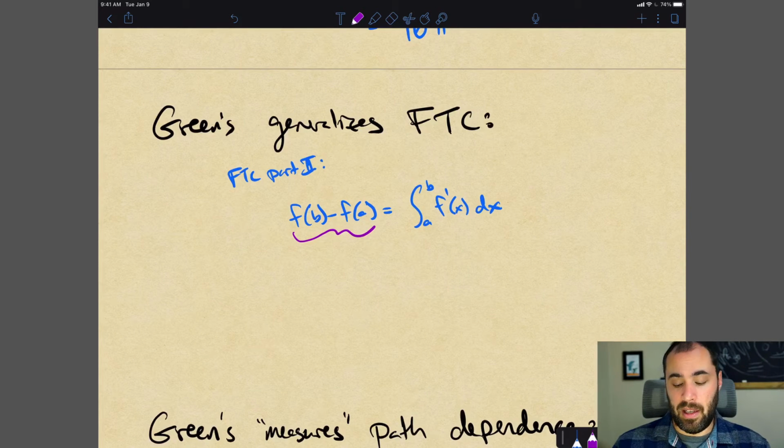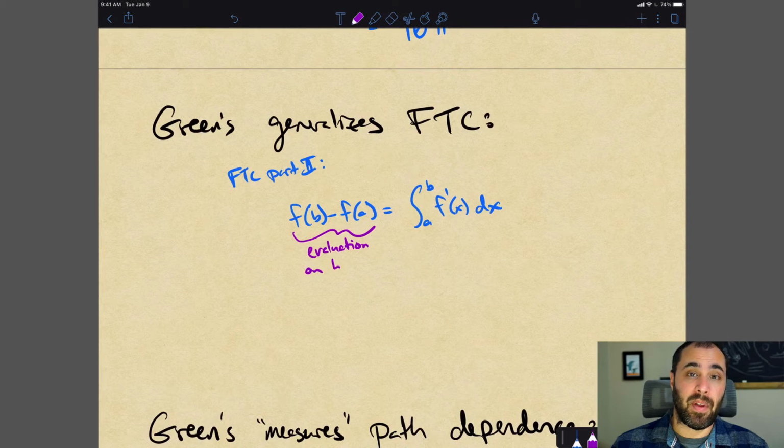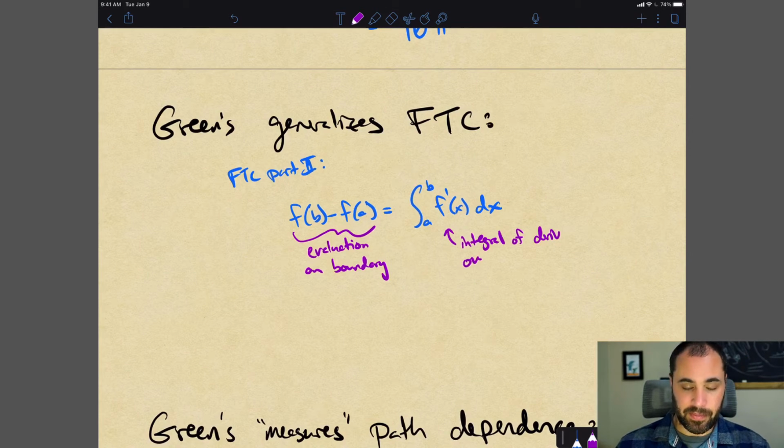And on the other side, it has us integrating a derivative over that region. Right? We've got a function f. We can talk about its derivative, which is a new function we get at every point. Just like the scalar curl is a function defined at every point that we get from thinking about a vector field.